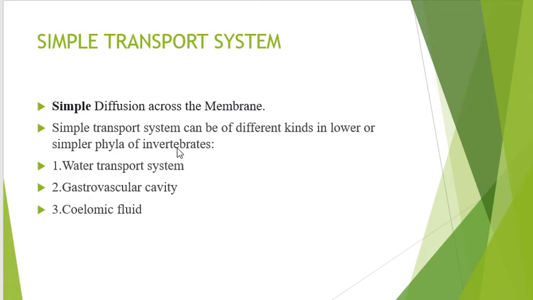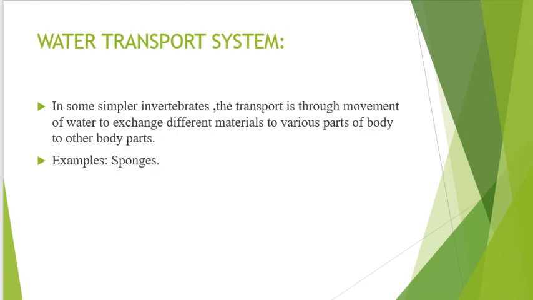The simple transport system can further be divided into three systems: the water transport system, the gastrovascular cavity, and the third one includes the coelomic fluid, the system in which coelomic fluid is responsible for transportation of material.